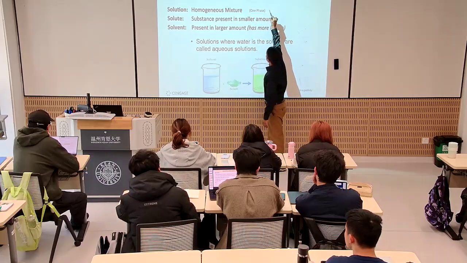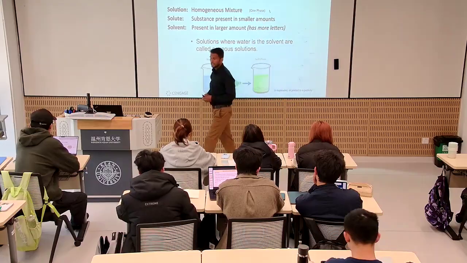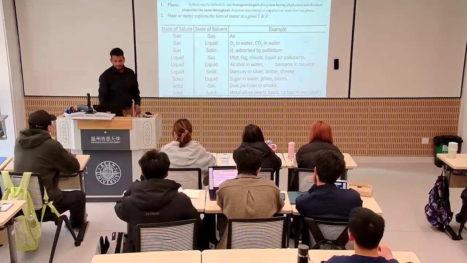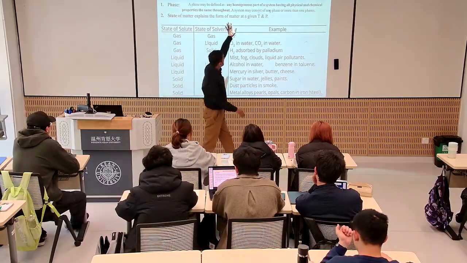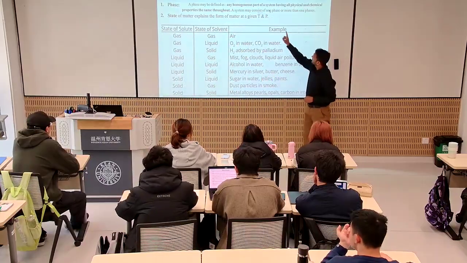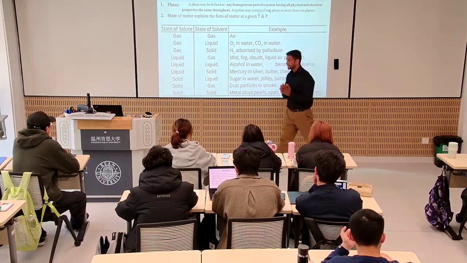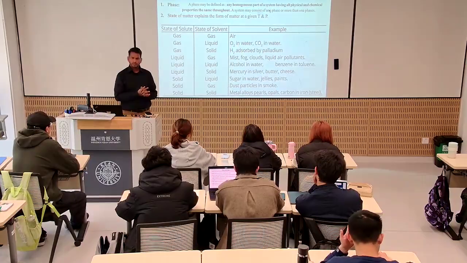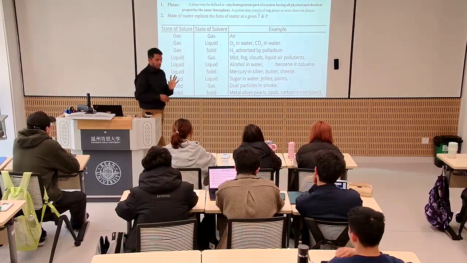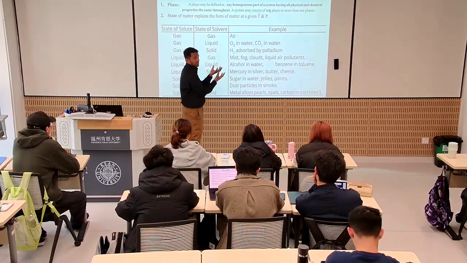One phase. Phase, you understand what a phase is? Again, I will revise. A phase is defined as the homogeneous part of the system. System I will discuss in detail, but in chemistry and thermodynamics, the part under observation is called the system.